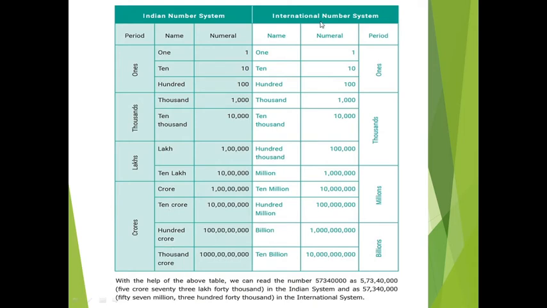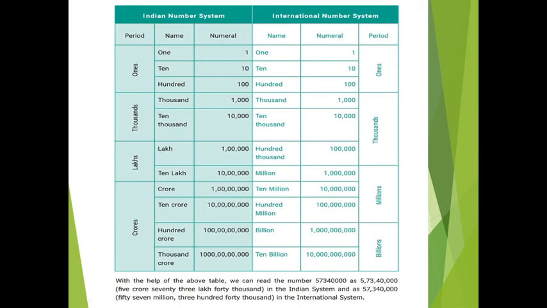But in the international number system we split it into ones, thousands, millions and billions. In ones, as usual, you have ones, tens and hundreds. In thousands, you have thousand, 10,000 and then 100,000.